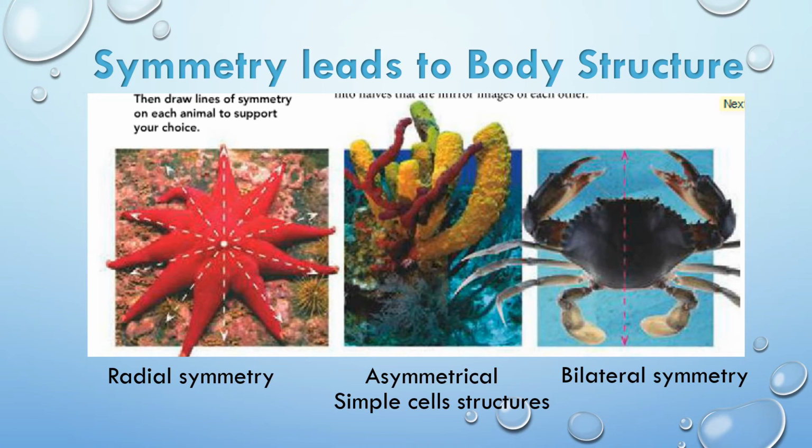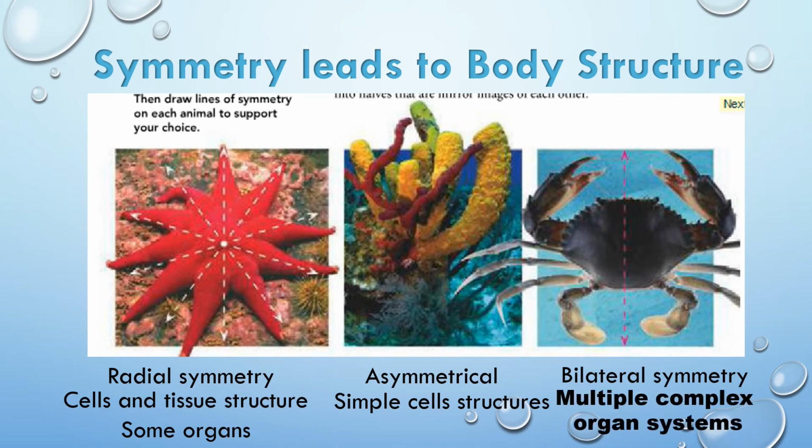Radial symmetry, because there's multiple ways to divide it, it's going to have some structures, but not as many complicated and designed organs and organ systems as the bilateral. So it's still going to have the cells, and it's going to have tissue structures, and it's going to have some organs, but not as many and as highly developed as the bilateral.